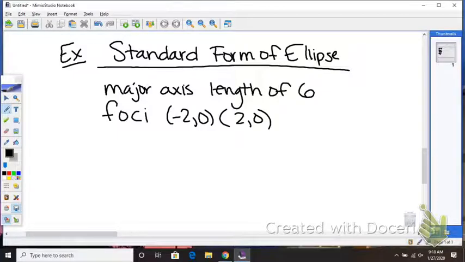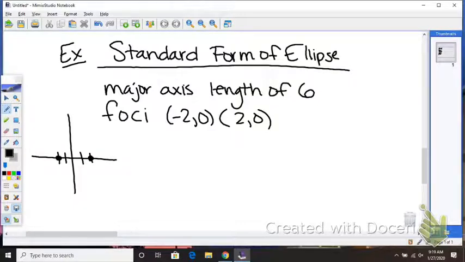So just to get a picture, I'm going to plot the foci so I can see visually which one is the major axis. If I have the point (2, 0) and the point (-2, 0), these are your foci for this problem, which means which axis is your major axis?